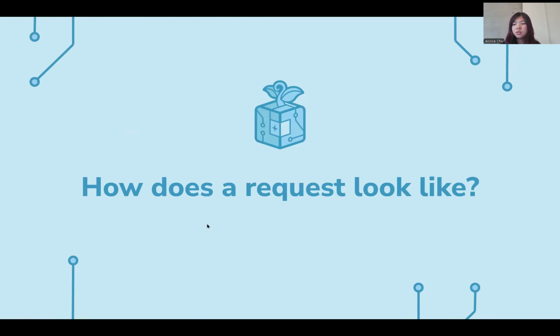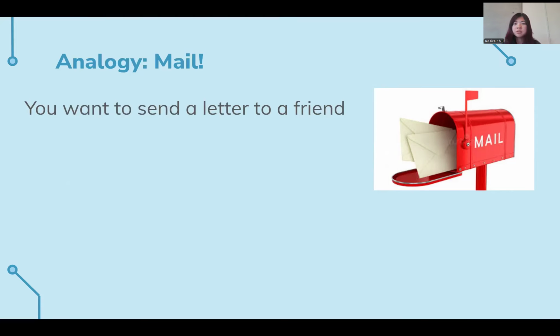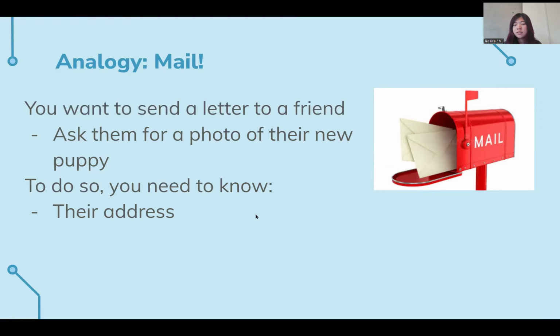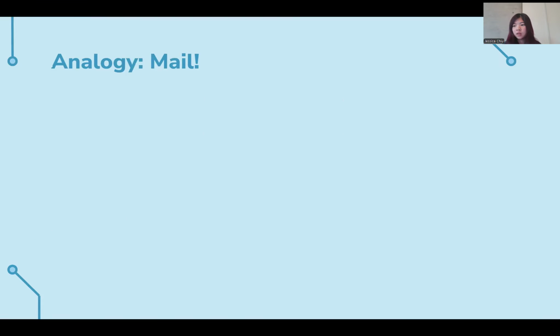Okay, so what does a request look like? Let's look at another analogy: mail. Let's say you want to send a letter to your friend asking for a photo of their new puppy. Well, there are two things you need to do this. First, you need their address. Secondly, you need the information you want to ask for, in this case the picture of the puppy.